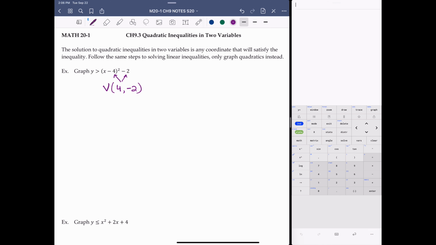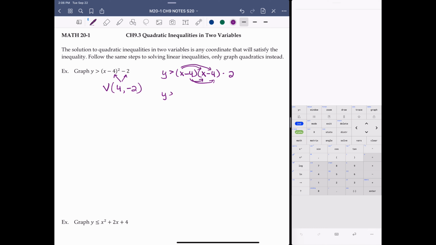If we want to find our y-intercept algebraically, we can multiply out the binomial and then combine like terms. Y is greater than (x - 4) times (x - 4) minus 2. Multiply the two binomials.